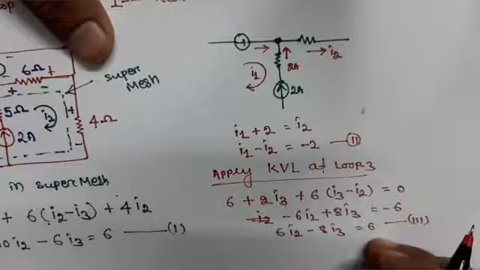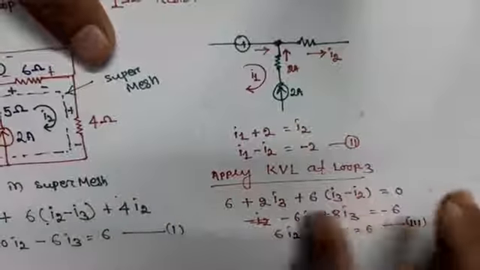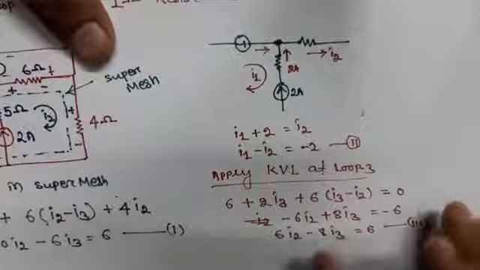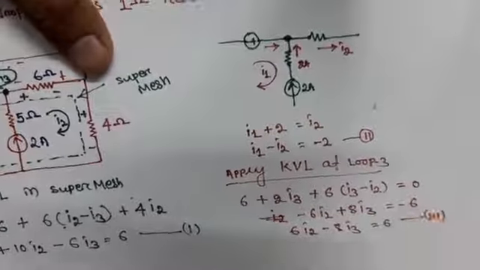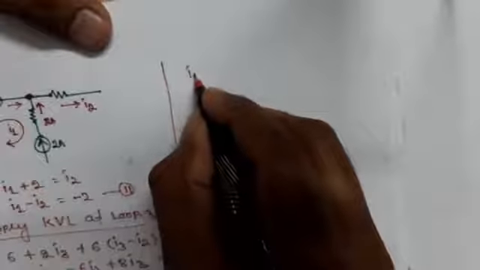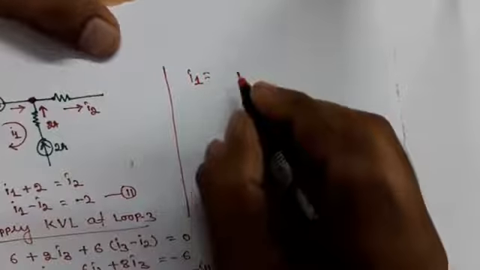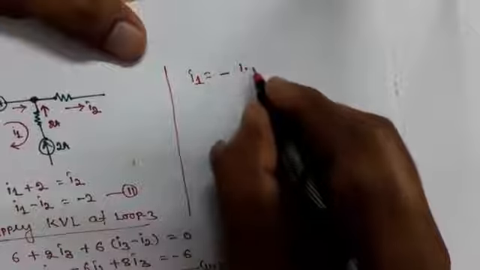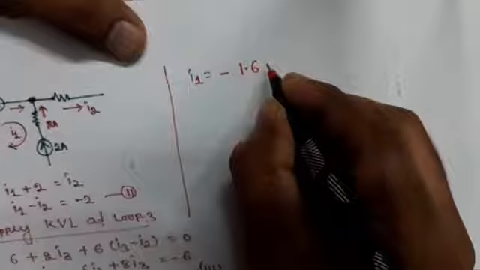After solving these three equations, I used my calculator to solve. We find I1 equal to minus 1.6.